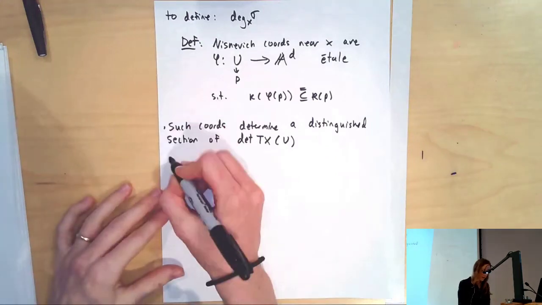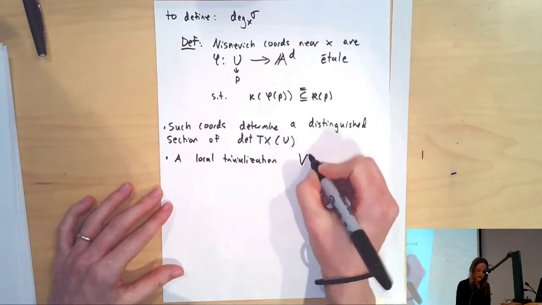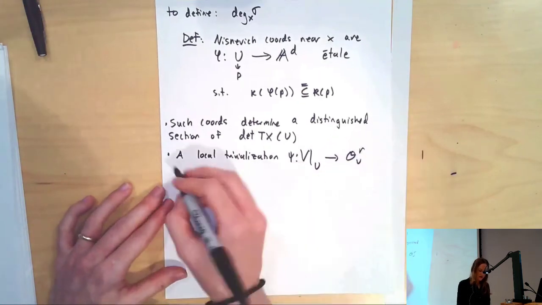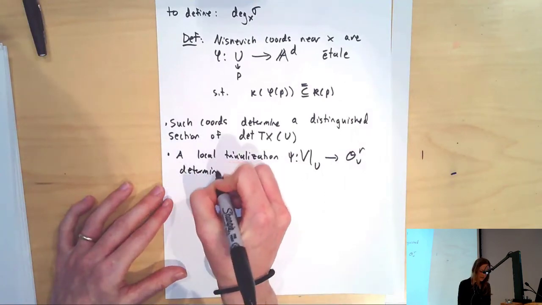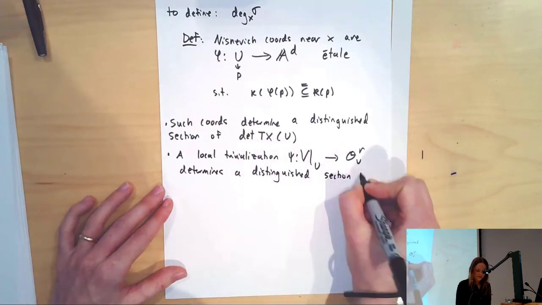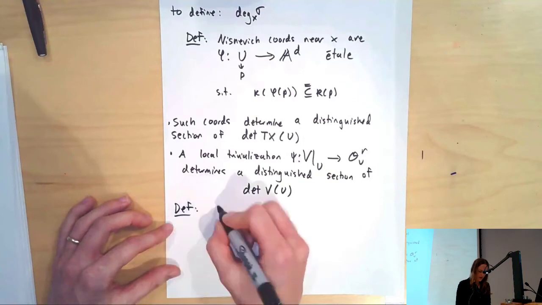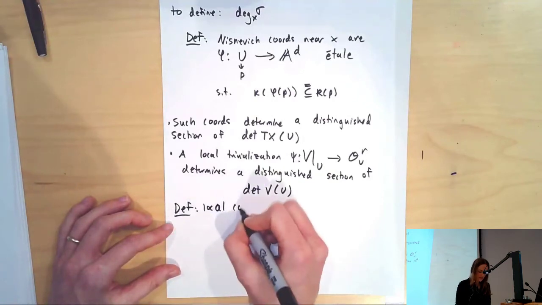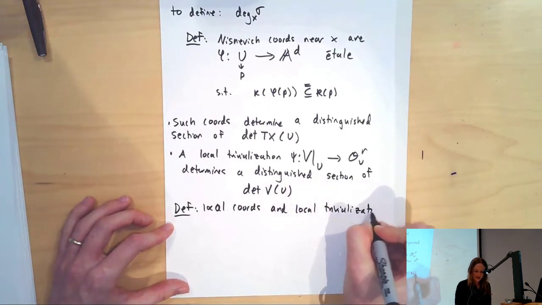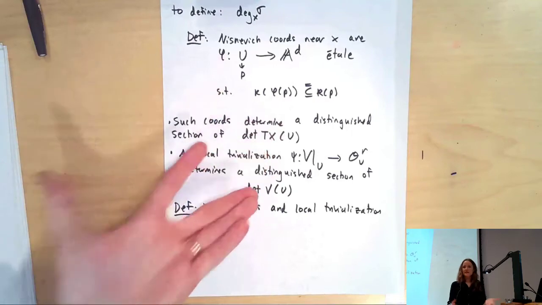A local trivialization of V over U, let's say it's on all of U, we could shrink U, gives a distinguished section of the determinant of V over U. And the local coordinates and local trivialization are compatible with a chosen relative orientation if the distinguished section you get, homming the first to the second, is a tensor square.